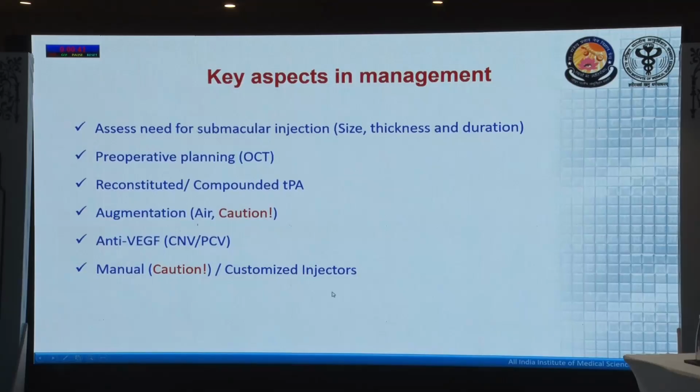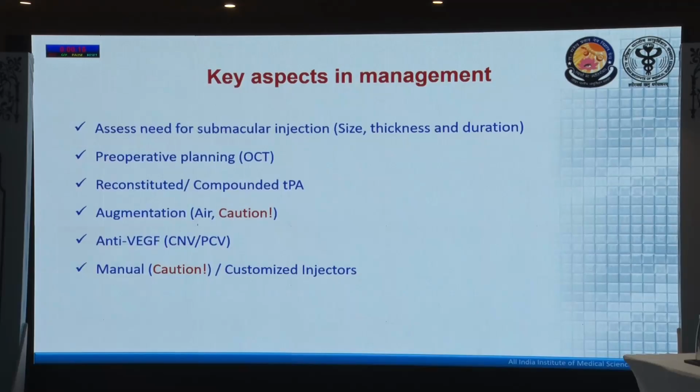So I usually assess the need for subretinal submacular injection based on the size, thickness, and duration, as I told. And preoperative planning with OCT is very important, because you want to know the location of the submacular bleed, which may not always be very obvious intraoperatively, and you need to know that you are not in the sub-RPE space.